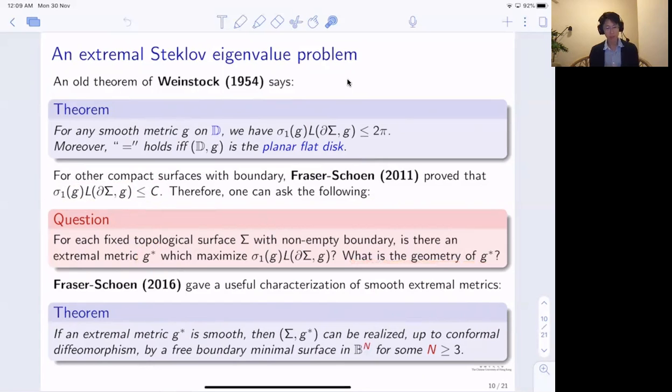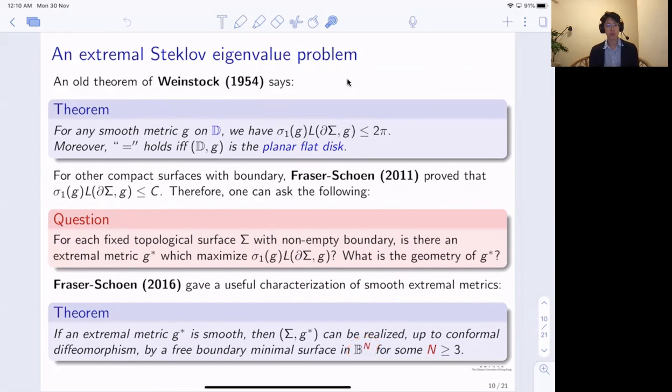In a paper of Fraser and Schoen in 2016, they gave a very useful characterization, very much like what Nadirashvili did for closed surfaces. They showed that if the extremal metric, which achieves the maximum, is a smooth metric, then up to a conformal diffeomorphism, you can realize this metric as a free boundary minimal surface inside a unit ball, which may have higher dimension.